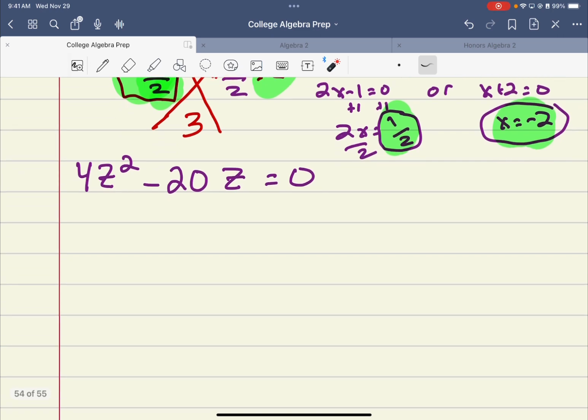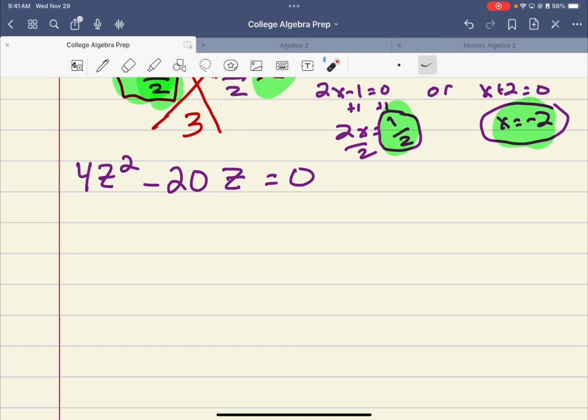Let's look at another one. 4z squared minus 20z equals 0. There's no c value in this one. That's okay. We don't need to put plus 0 there. First rule of factoring. Take out a GCF.